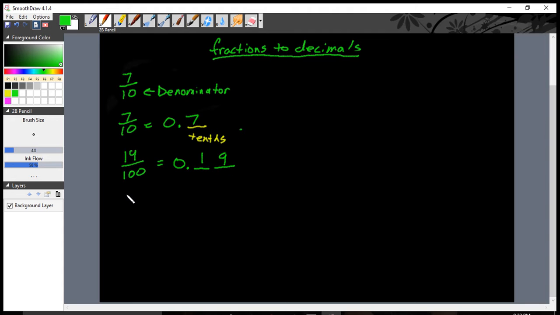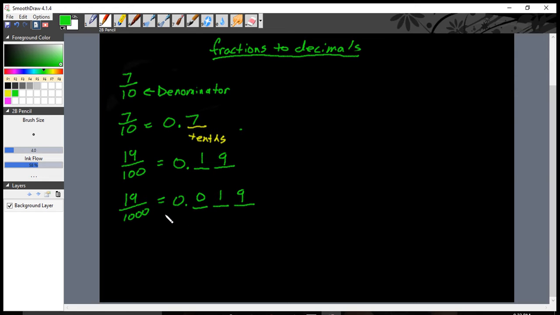If it was 19/1,000, so 19 with a 1,000 in the denominator, we'd write 0. That would be the tenths place, hundredths place, thousandths place. And we're going to write this 19 as far to the right as we can, so 19 thousandths, and then fill in these blank spaces with a 0.